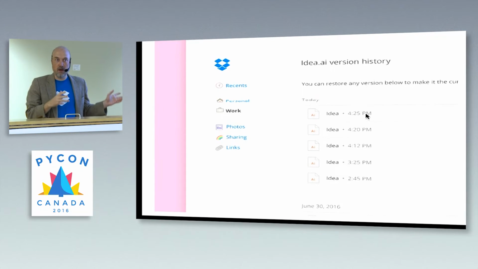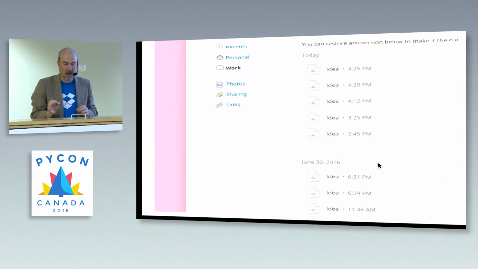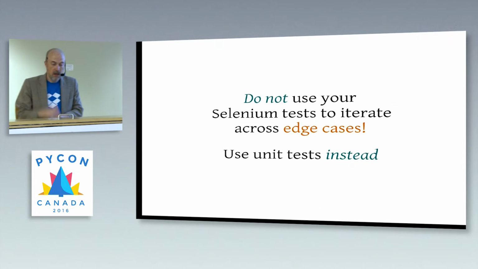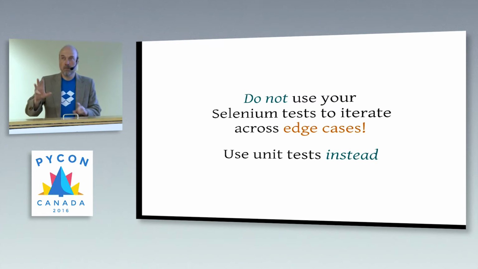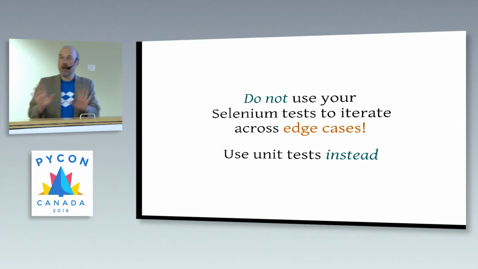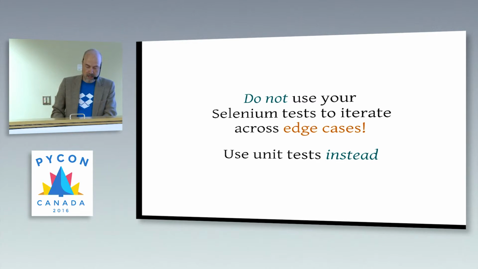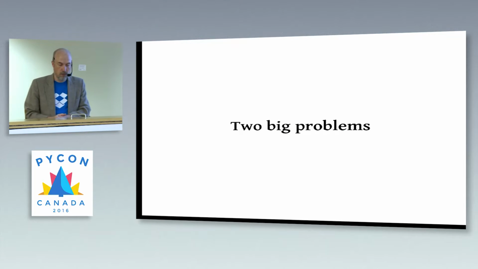It's not a good and efficient way to ask 30 very specific questions about how that date string is generated. Do not use your Selenium test to iterate across edge cases. Yes, maybe edge cases with the UI, but not edge cases with your data. Use unit tests instead. So that's a first skill.